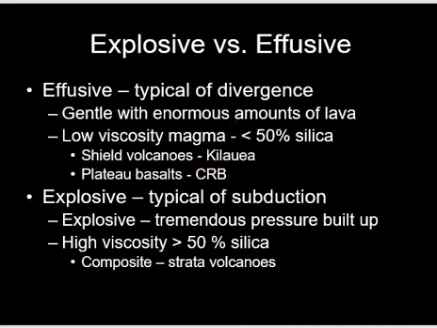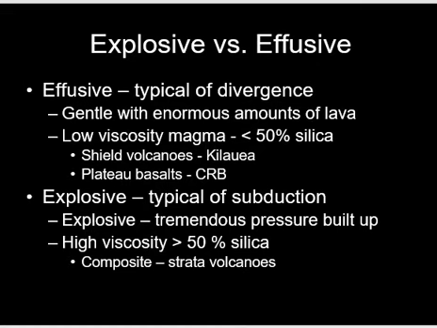When we look at the type of explosions or development that volcanoes can have, they can be categorized either as explosive or effusive. An effusive volcano is very common with divergent plates and also with hot spots. You know, when people have effusive speech, they talk a lot.